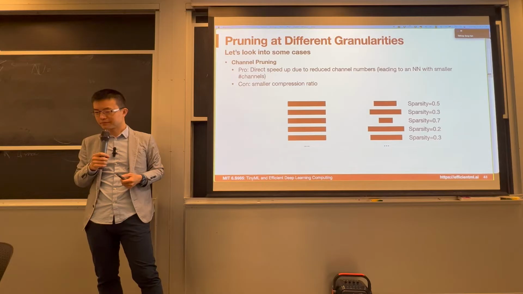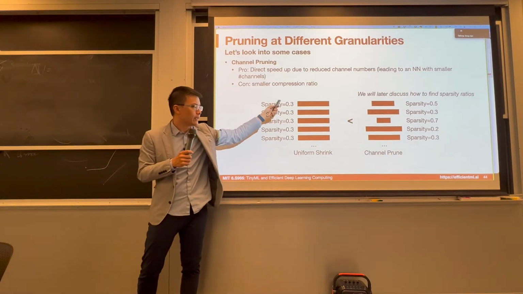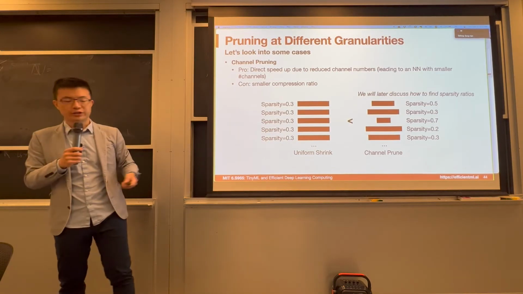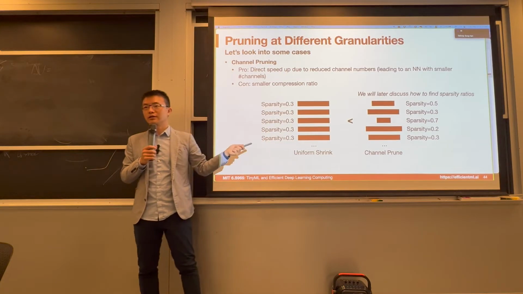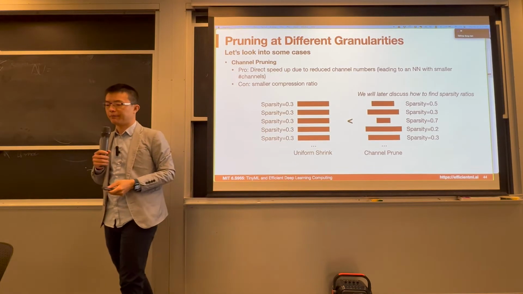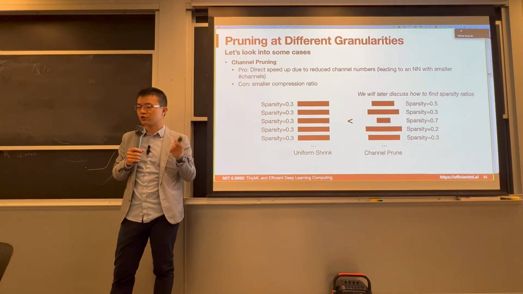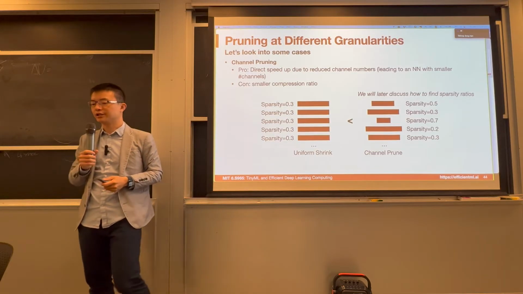But compared with uniformly shrinking the number of channels in each layer with the same sparsity ratio, such channel pruning is better. We will describe how to choose the optimal sparsity in a later part of this lecture.